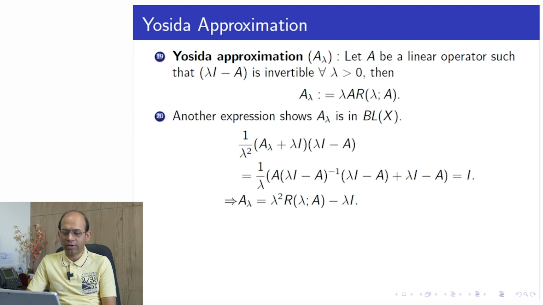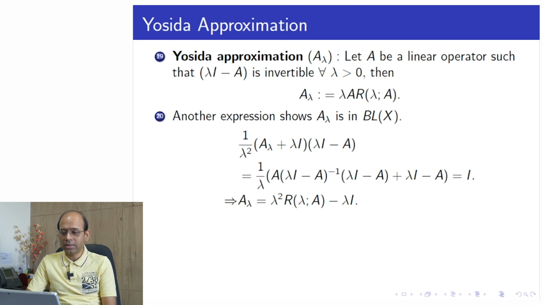So we have the expression 1 over lambda times, inside the bracket, A times (lambda I minus A) inverse (lambda I minus A) plus (lambda I minus A). Now (lambda I minus A) inverse and (lambda I minus A) cancel each other, and I am left with only capital A here.